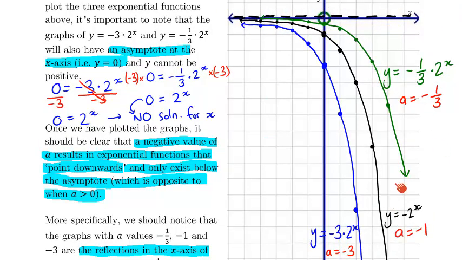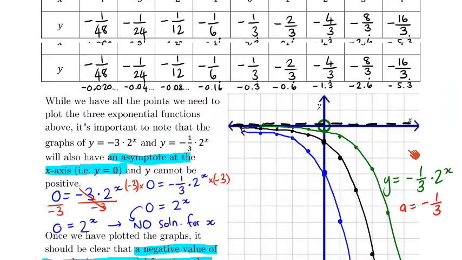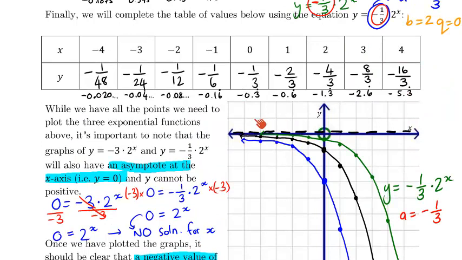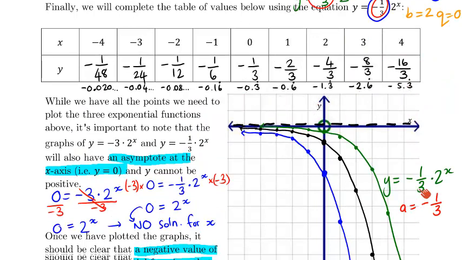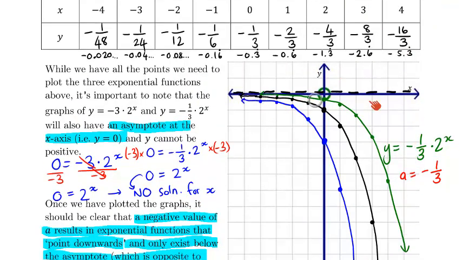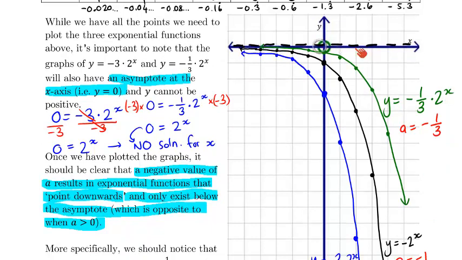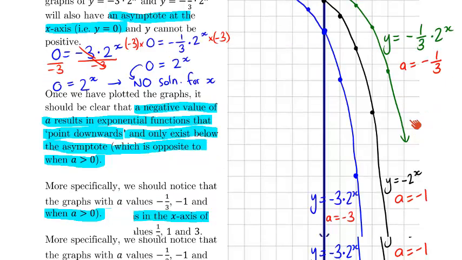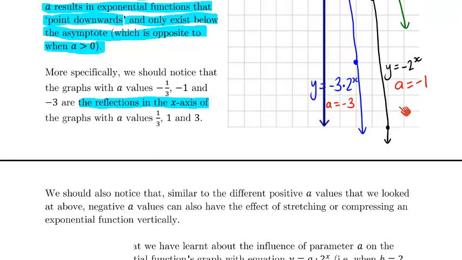If we had all these graphs drawn on the bottom half of a Cartesian plane and all the graphs with the positive a values on the top half, you would see that they would be totally symmetrical about the x-axis. In other words, these graphs are the reflection of each other over the x-axis.